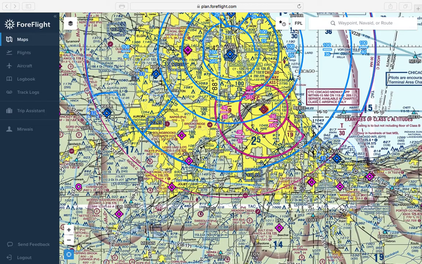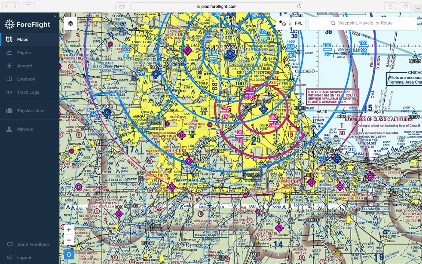So it's 10 nautical miles there, and from the center to the first layer, 5 nautical miles, and it extends up to 4,000 feet AGL, above ground. Normally, this first circle here.